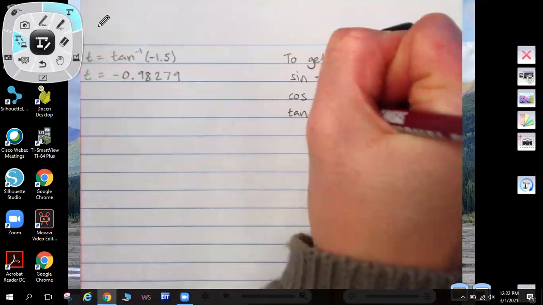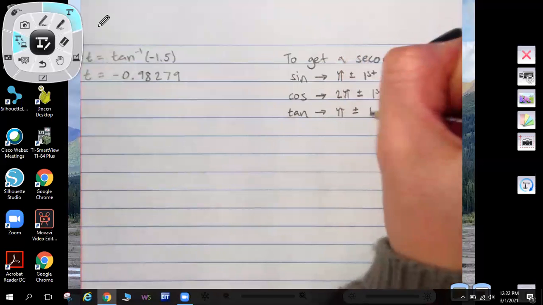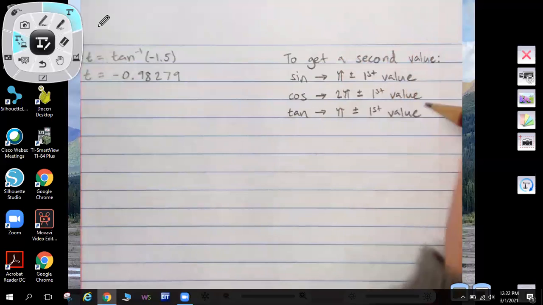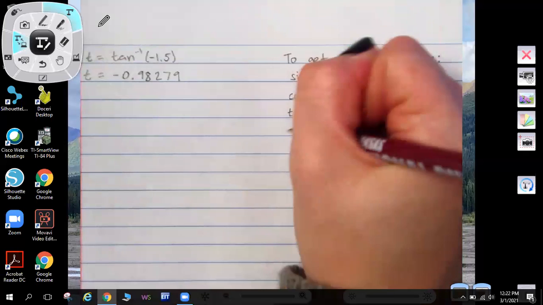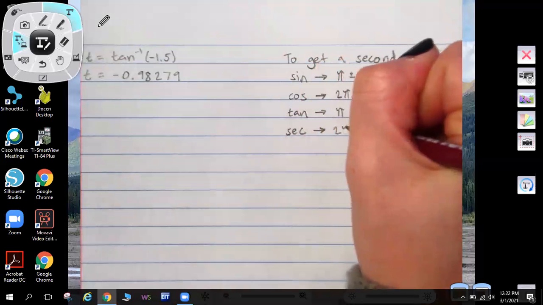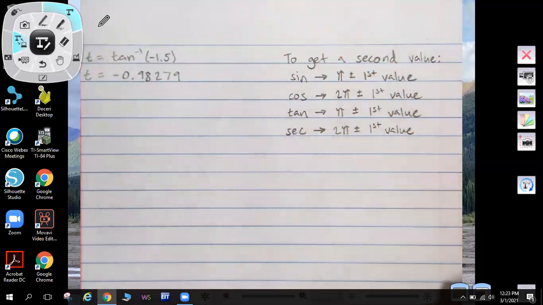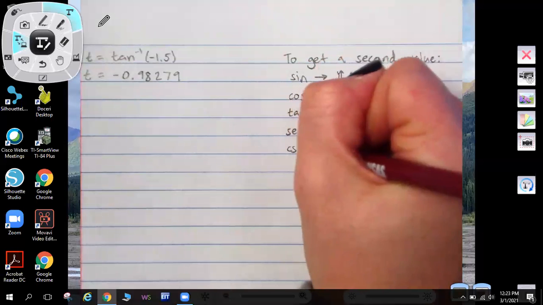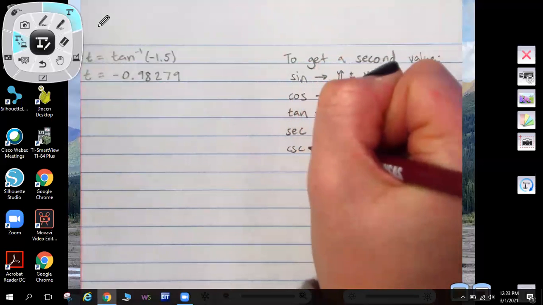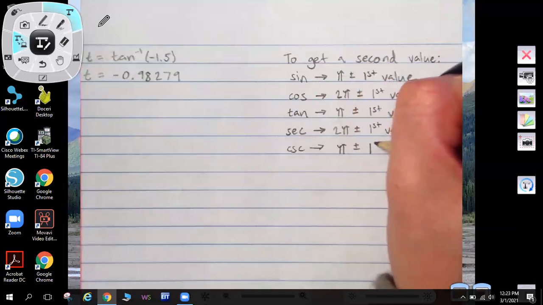If it's tangent, it's pi plus or minus the first value. Secant is 2 pi and cosecant is pi.